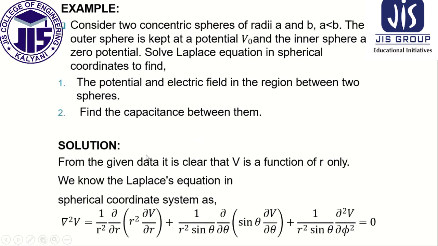Now how to do this? In the last class also we had discussed the spherical coordinate system form of the Laplace equation. It is given here: nabla squared V equals 1 by r squared del by del r of (r squared del V by del r) plus 1 by (r squared sin theta) del by del theta of (sin theta del V by del theta) plus 1 by (r squared sin squared theta) del squared V by del phi squared.